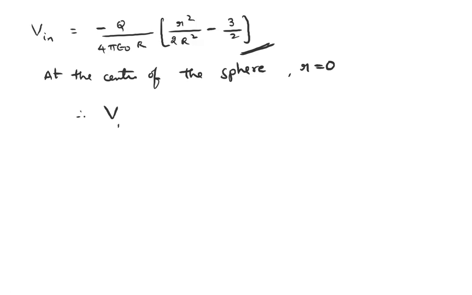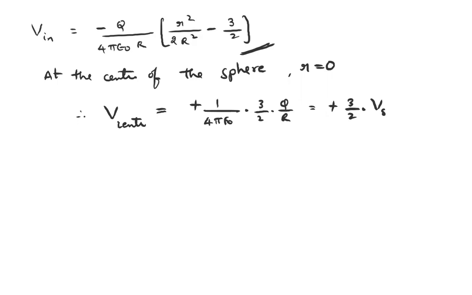That's why electric potential at the center is minus 1 by 4 pi epsilon naught into 3 by 2 times Q by R. Otherwise, we can say minus 3 by 2 times the potential on the surface. Sorry, it's plus: plus 3 by 2 times the potential on the surface for a positive charge. For a negative charge, it will come as negative.